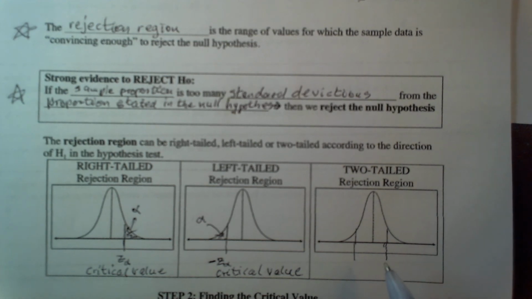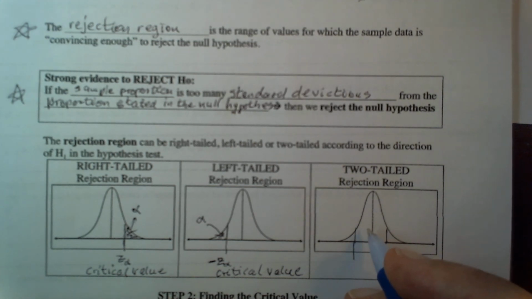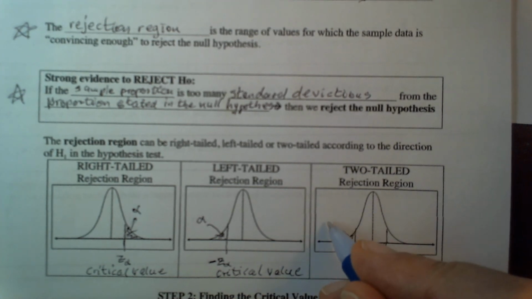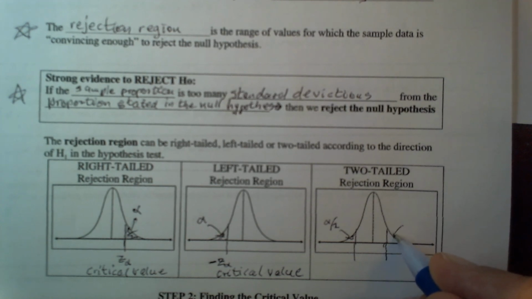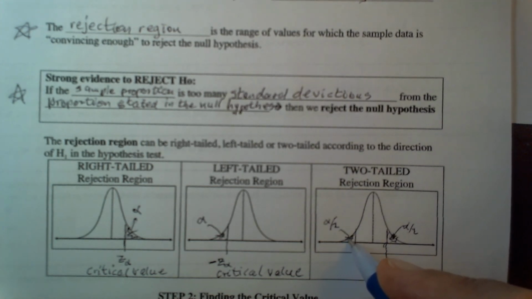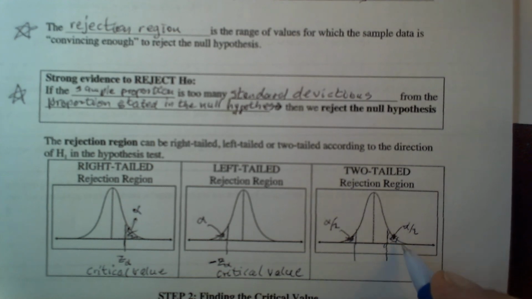Now, for a two-tailed test, alpha is split in half. So alpha divided by 2 is in each critical region. Together they represent alpha, this region plus that region.